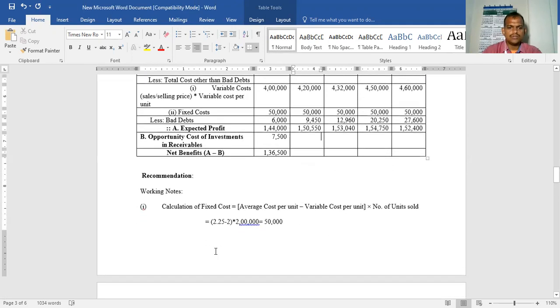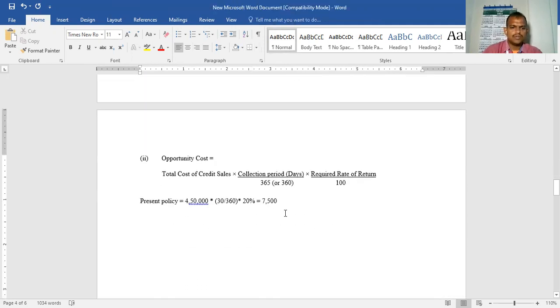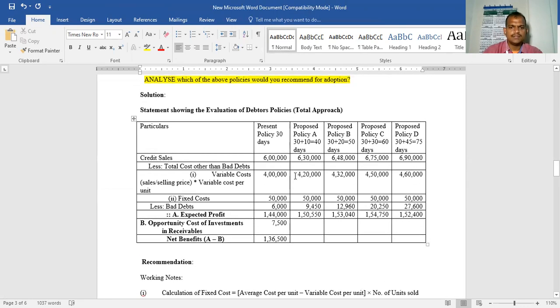Now we have to deduct the opportunity cost of investment in receivables. Present policy we already mentioned. For policy A, the total cost of credit sales, we have to be very careful.